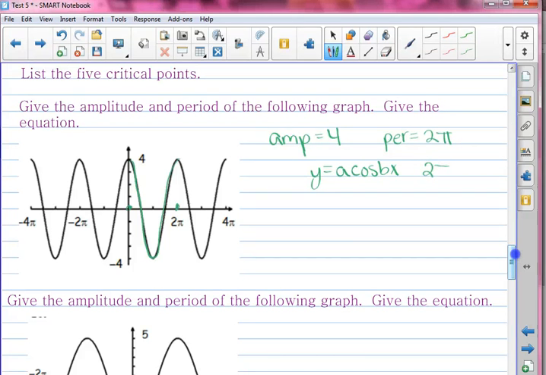So you have to do 2 pi over b equals 2 pi. When the variable's down low, you switch them, you know. So you get 2 pi over 2 pi equals b, and 2 pi over 2 pi is 1. So y equals 4 cosine of x is the answer.